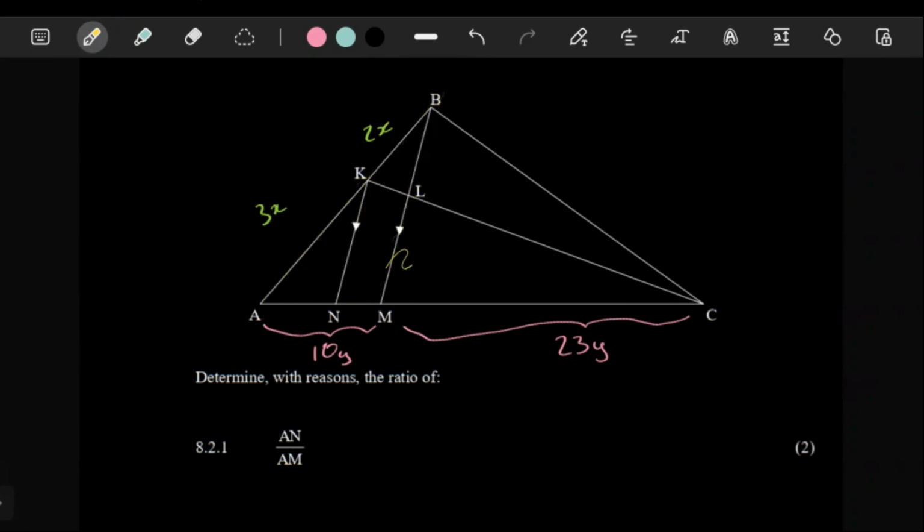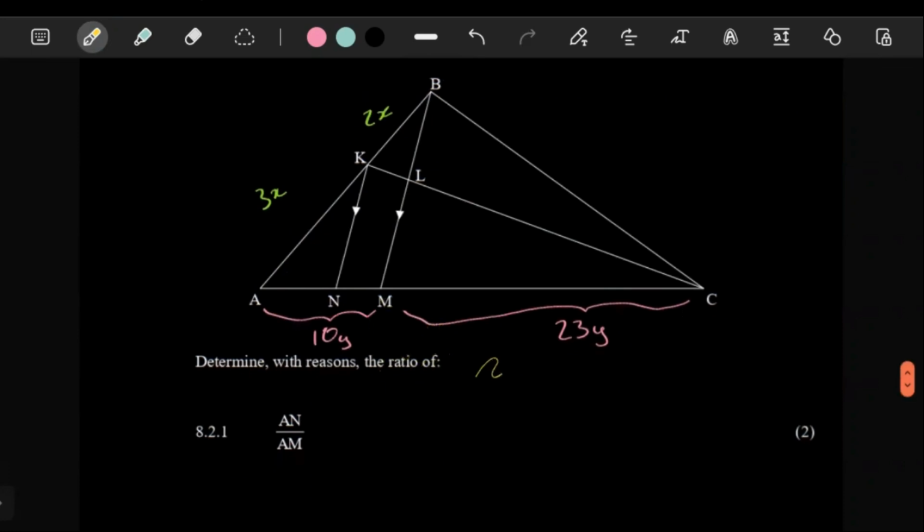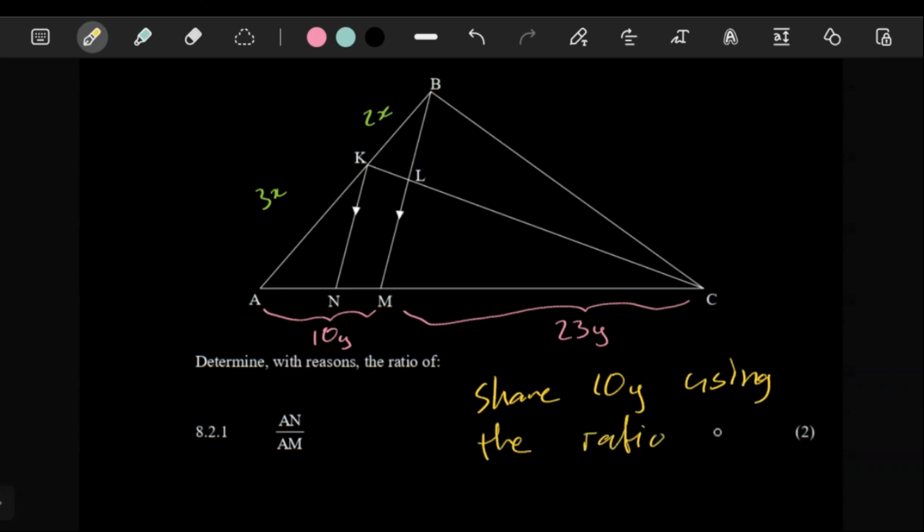You see, in this portion of your sketch, you have the ratio on this side 3 to 2, and here you have the whole line, which is 10y. So you basically want to share 10y using the ratio 3 to 2.